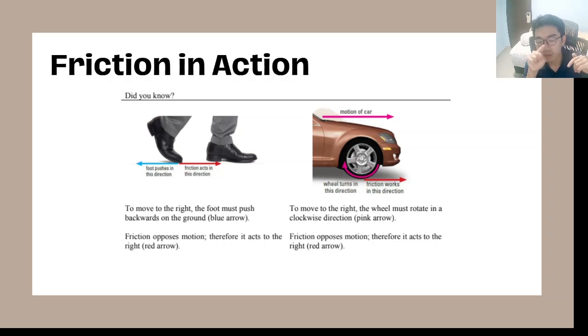When the tire is in contact with the floor, the tire is actually moving backwards, and then friction acts in the opposite direction, so friction will go forward. The car is moving forward. So these are some of the interesting cases of friction.